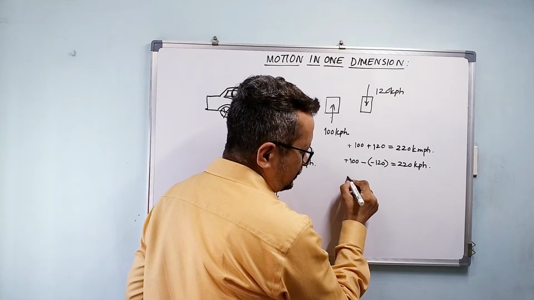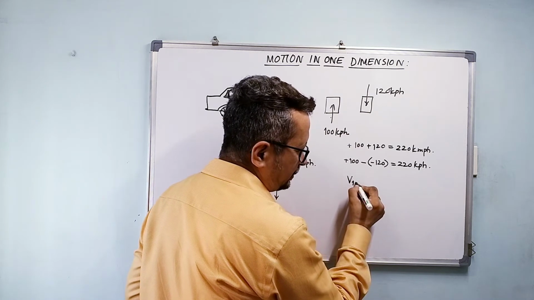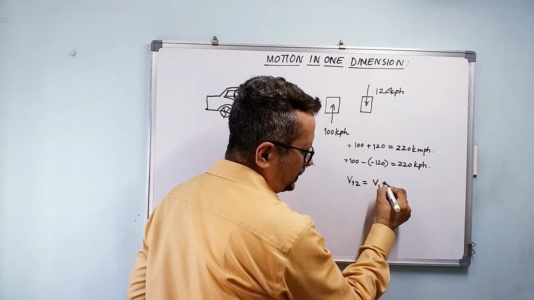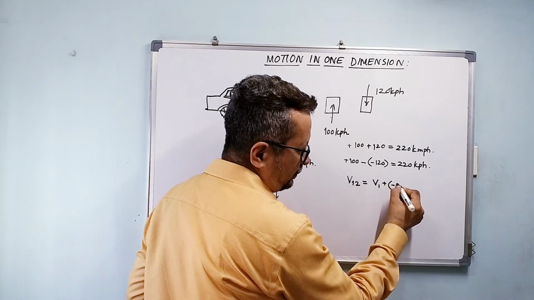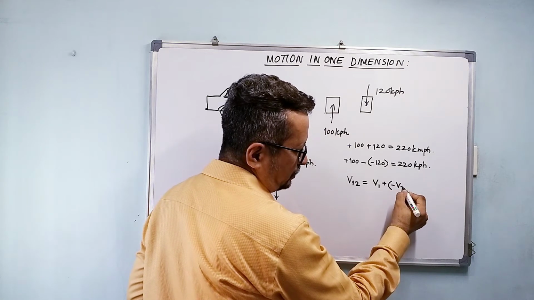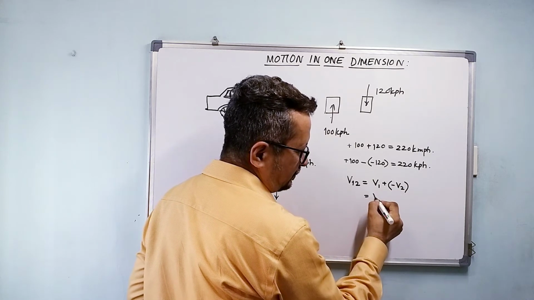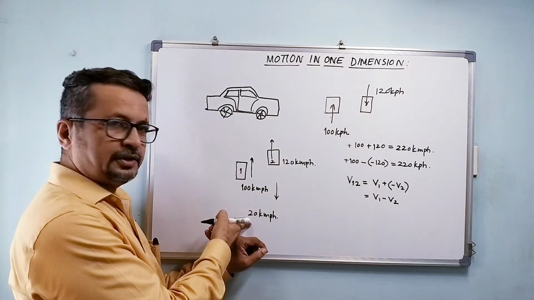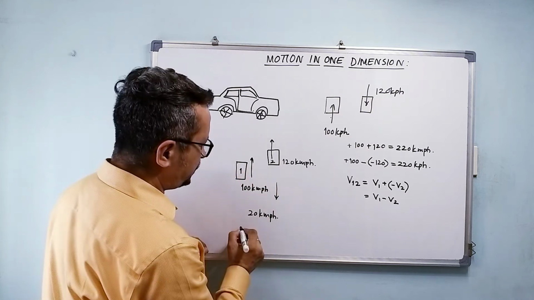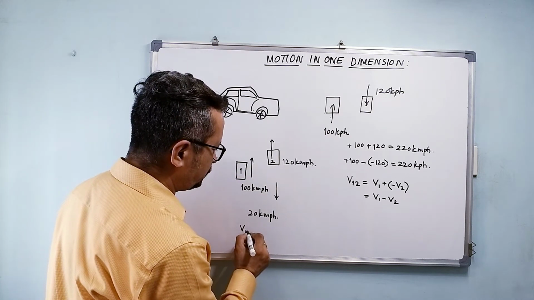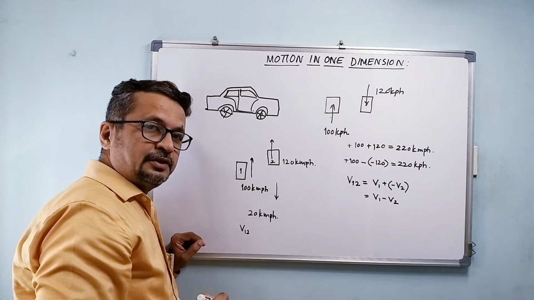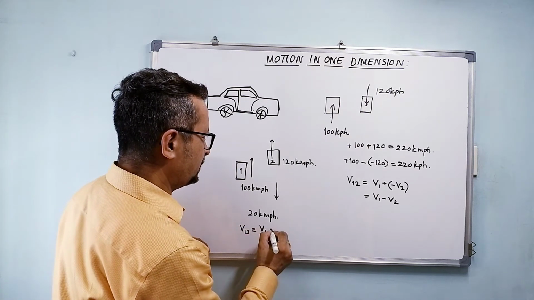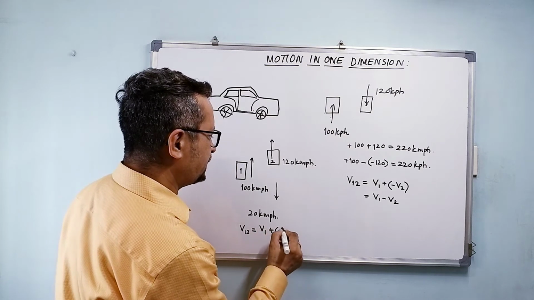So it is the velocity of first car with respect to second car, and that would be equal to v1 plus minus of v2, correct? So it is v1 minus v2. What about here? Here it is the speed of first car, v12. Speed of first car with respect to the second car would be v1 minus v2.